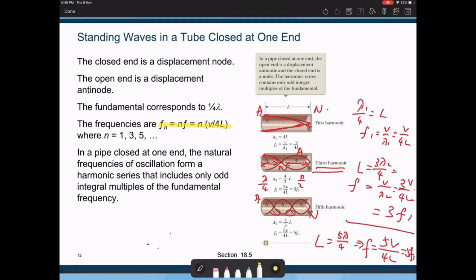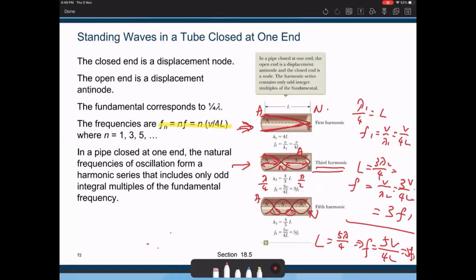Well, as I just explained, you cannot have even integer modes. As you will see, I try my best already to fit in standing wave patterns, but the first standing wave pattern corresponds to n equals 1. The next simplest standing wave pattern corresponds to n equals 3.